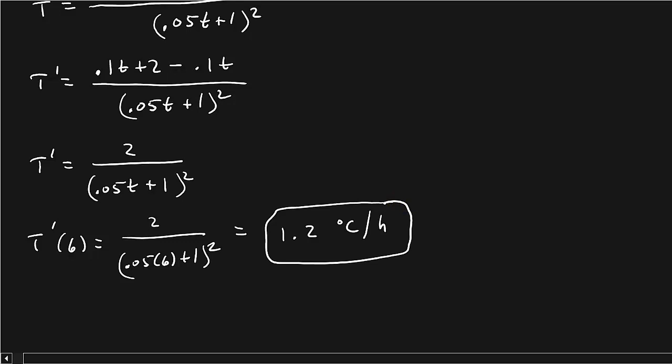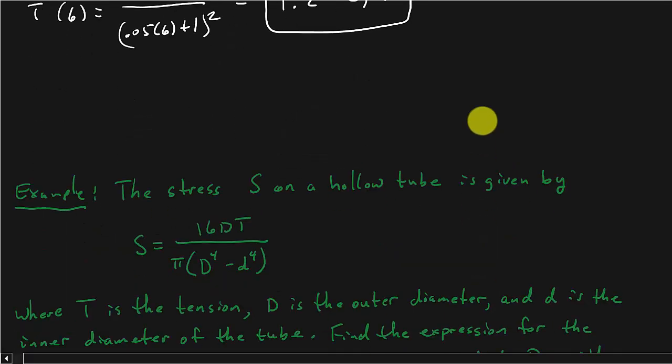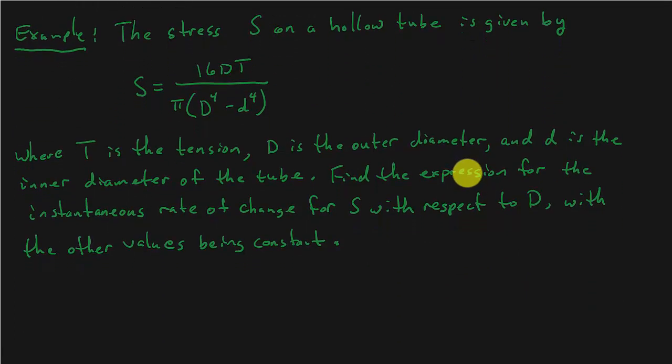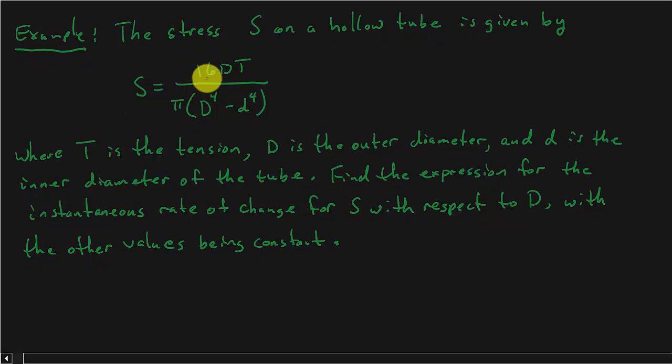All right, so far this isn't too bad. Let's look at this last problem. It says the stress S on a hollow tube is given by S equals 16 Dt over pi times D to the fourth minus little d to the fourth, where t is the tension, capital D is the outer diameter, and little d is the inner diameter of the tube.